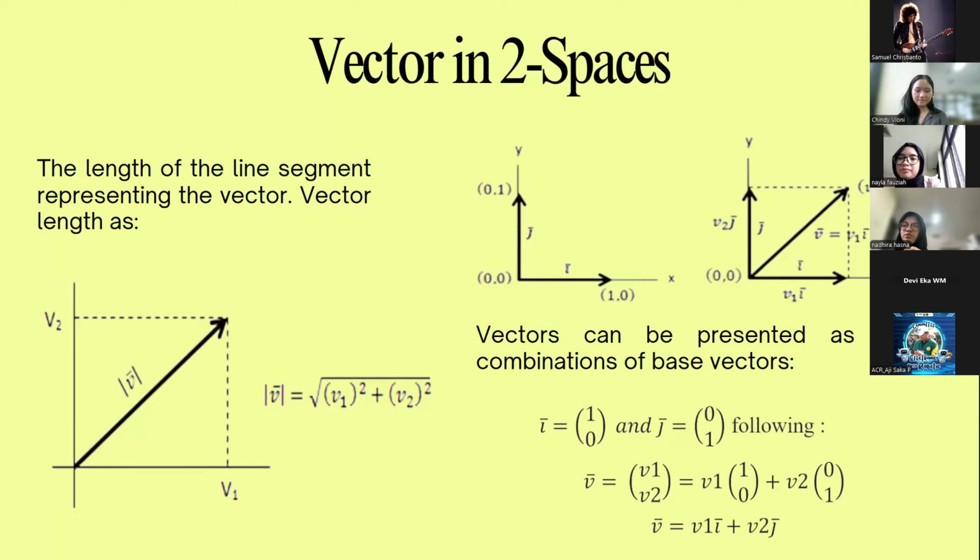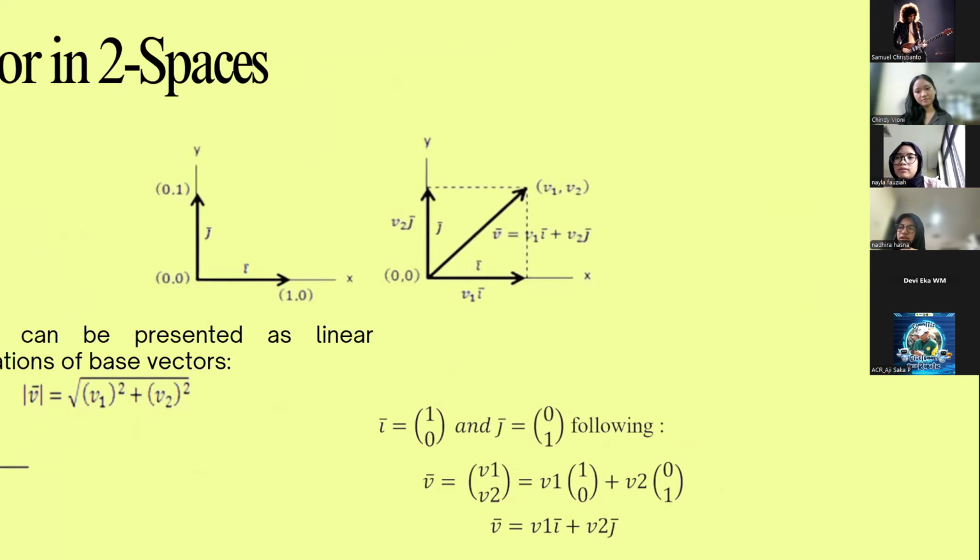For example, vector i is (1, 0) and vector j is (0, 1). So the following is vector V equals (V1, V2). So we get V1 multiplied by (1, 0) plus V2 multiplied by (0, 1). Then the result is vector V equals V1 vector i plus V2 multiplied by vector j.